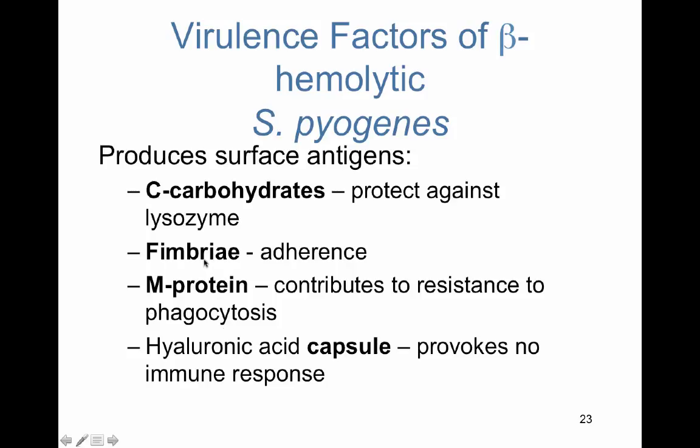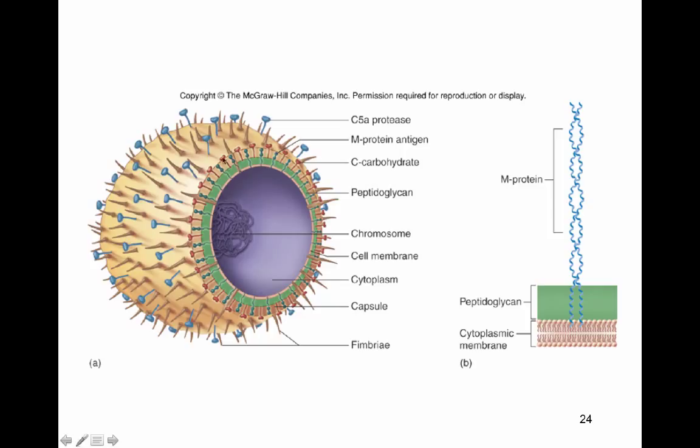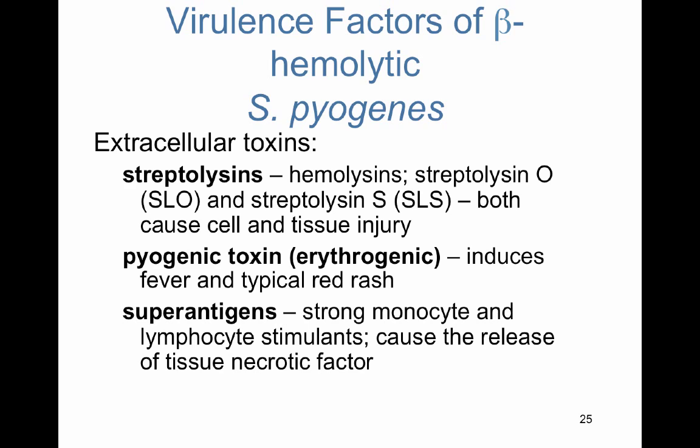Also, the fimbriae on the surface of the cell assist in its ability to adhere to the target tissues. Also, a hyaluronic acid capsule on the surface of the cell, which will work to provoke no immune response. And this is the picture here just showing you a cartoon image of the M protein that I mentioned that's variable from strain to strain. Also C carbohydrate, fimbriae, capsule, those are all very important virulence factors.